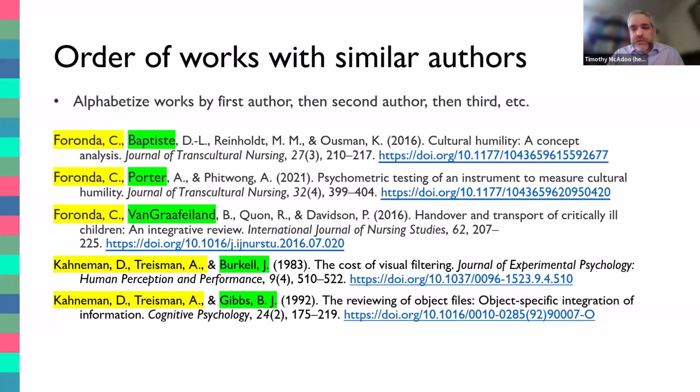And of course, in all three of those, Ferranda, comma, C is an exact match. So you're just comparing the second author in each reference. And then the last two references on this slide, you just extend that logic to the next author until you find a letter difference. Next slide, please.